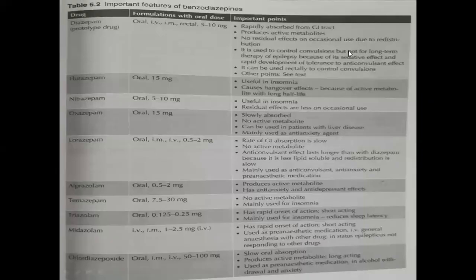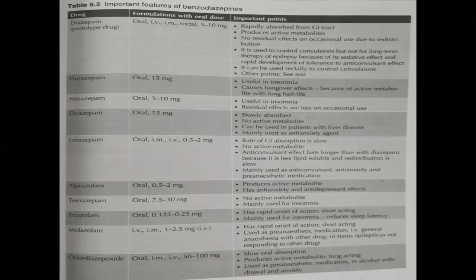Now you can see here some enlisted benzodiazepine drugs with their formulation, dosage, and important points regarding the drugs. Like diazepam, it is generally used in oral form, and it is also available in intravenous, intramuscular, and rectal forms, and the dose is 5 to 10 milligrams.